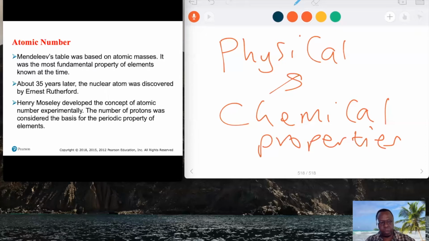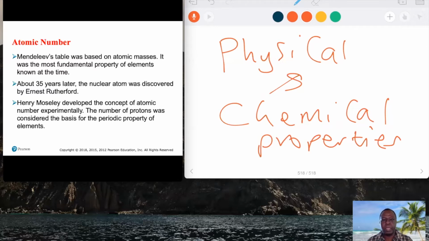Remember the Rutherford model of an atom? He was able to bombard the nucleus. Likewise, mostly what Moseley did was he used high energetic electrons to bombard the nucleus of each element. And every time an X-ray of characteristic wavelength was emitted from the nucleus of all the elements known at that time.